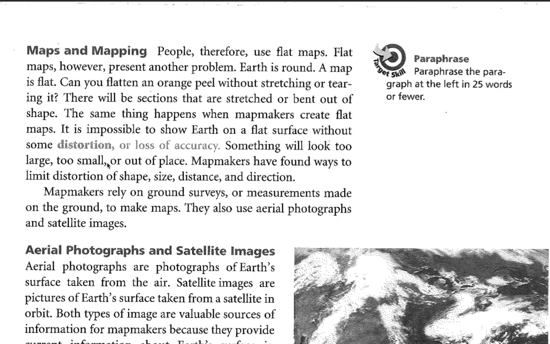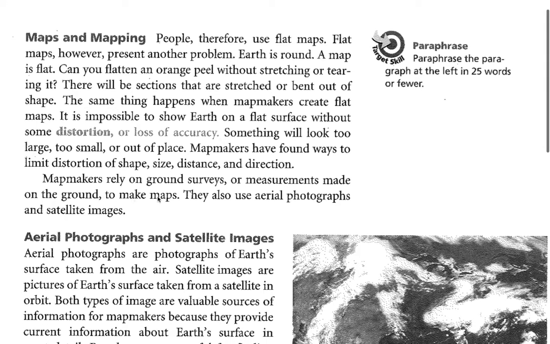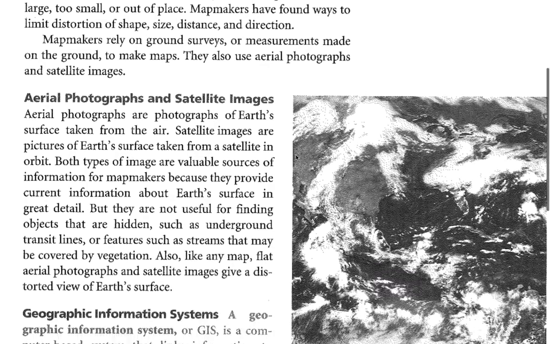Something will look too large, too small, or out of place. Map makers have found ways to limit distortion of shape, size, distance, and direction. Map makers rely on ground surveys, or measurements made on the ground, to make maps. They also use aerial photographs and satellite images. More and more these days we use those satellite images.